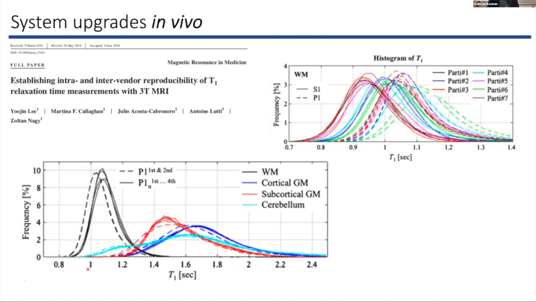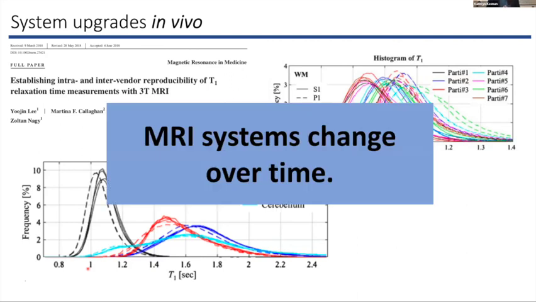And again, we see that there's a change with the upgrade. In this case, it was a software upgrade. Our group studied a system that had both hardware and software upgrades, and we also saw a bias in the measurement post-upgrade. So you should all be aware that your MRI system is not stable over time.